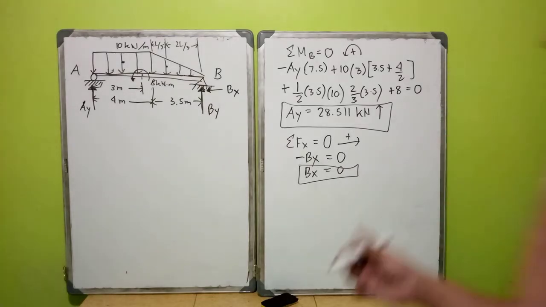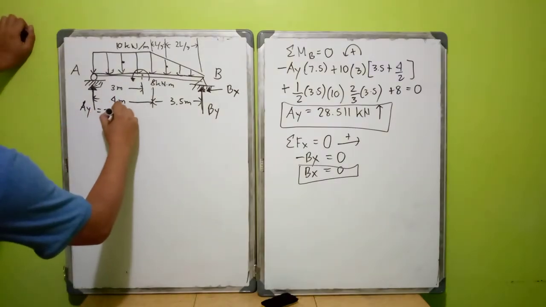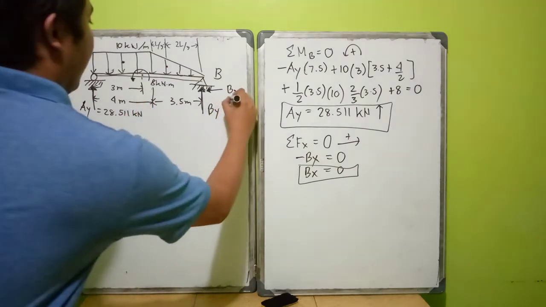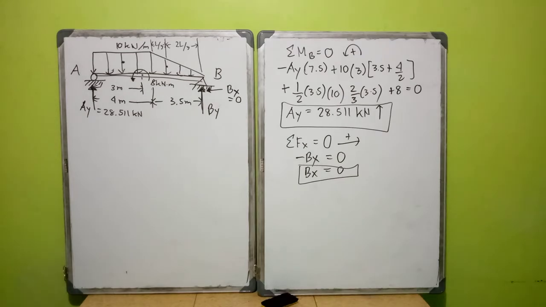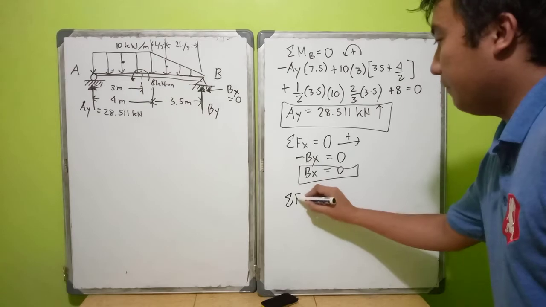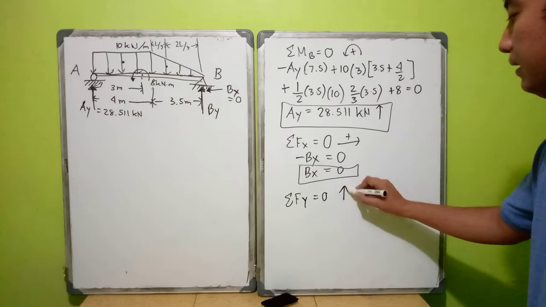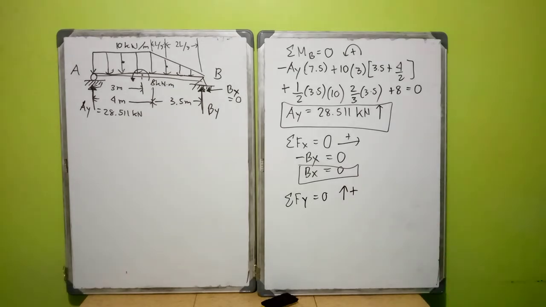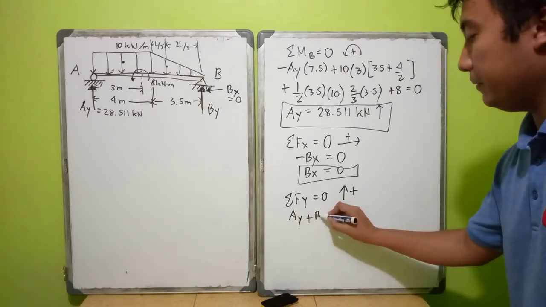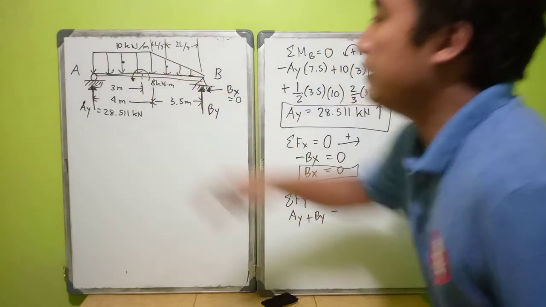So let us write the values first. This is 0. Then we have BY. We can get the value of BY if we sum up forces vertical equal to 0. Let us say upward as positive. So we have the values of AY plus BY minus, and we concentrate first on this rectangular side.